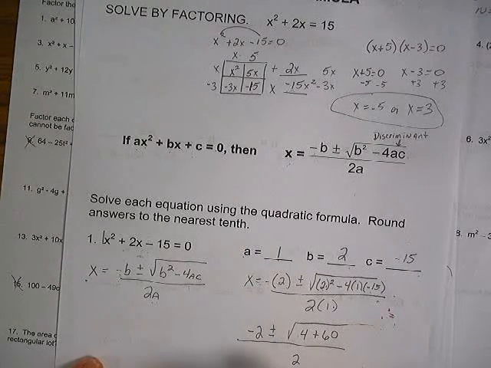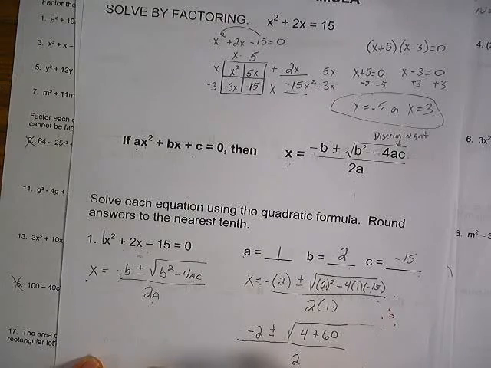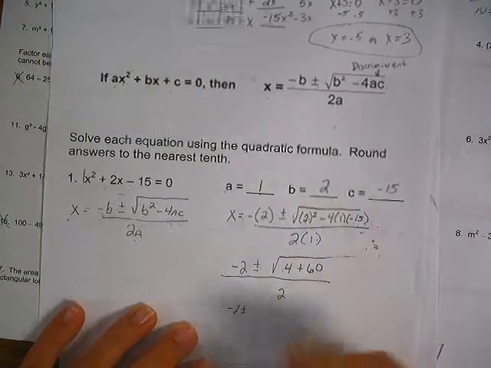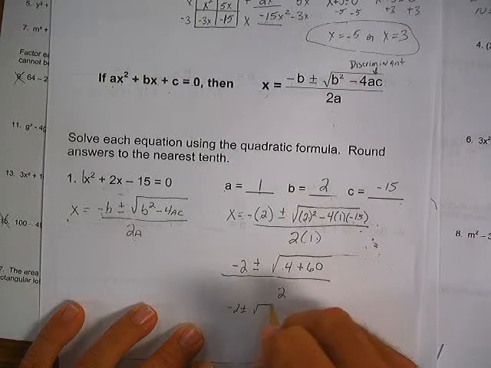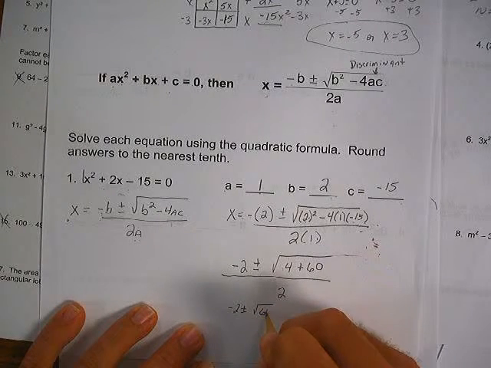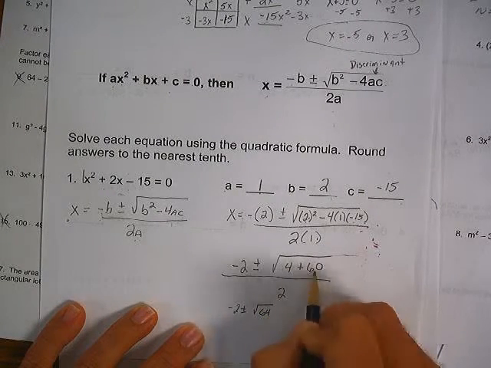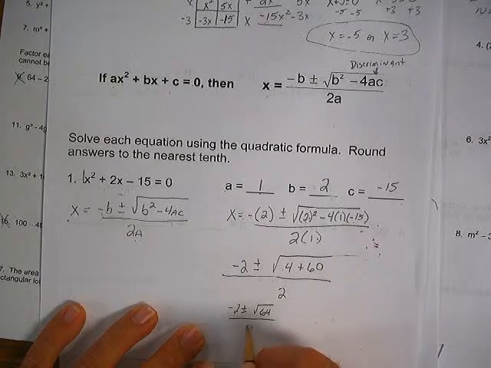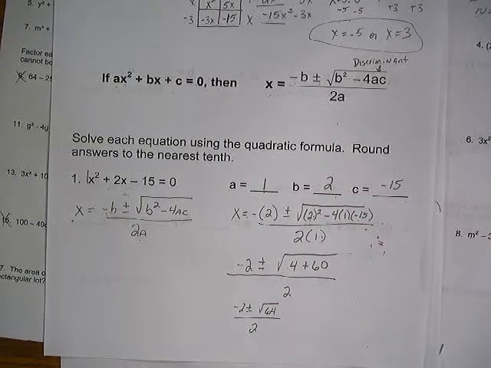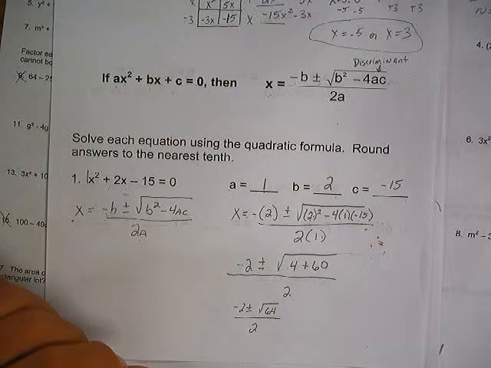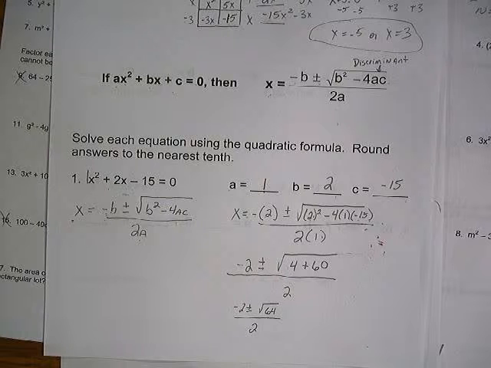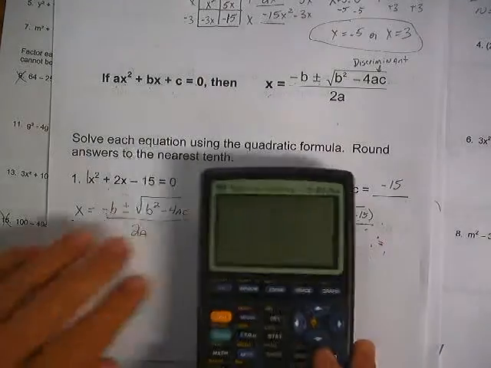Okay, so we have negative 2 plus or minus the square root. We said that was 64, 4 plus 60, over 2. Now, what is the square root of 64? 8. Okay. Does everybody know where the square root sign is on the calculator?